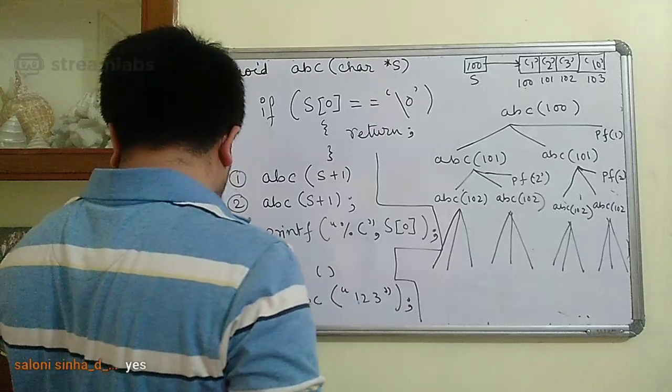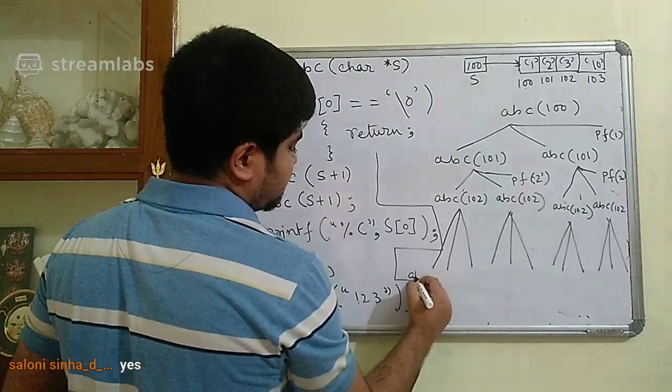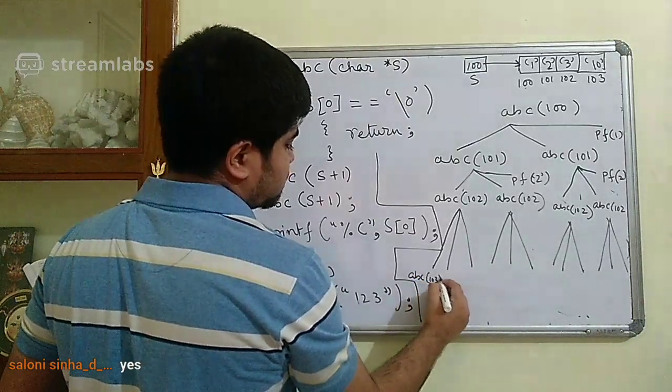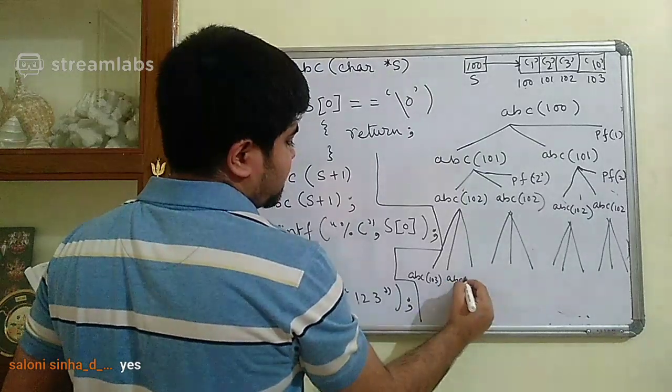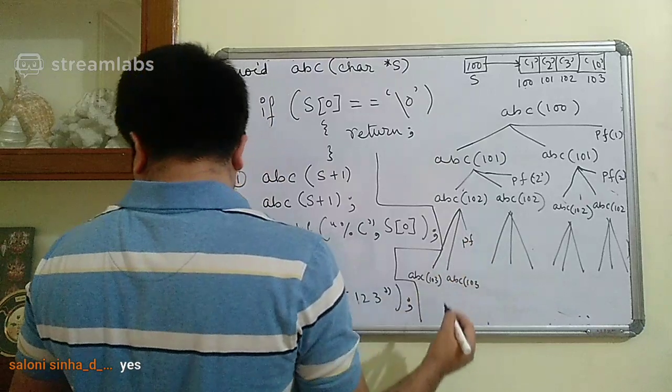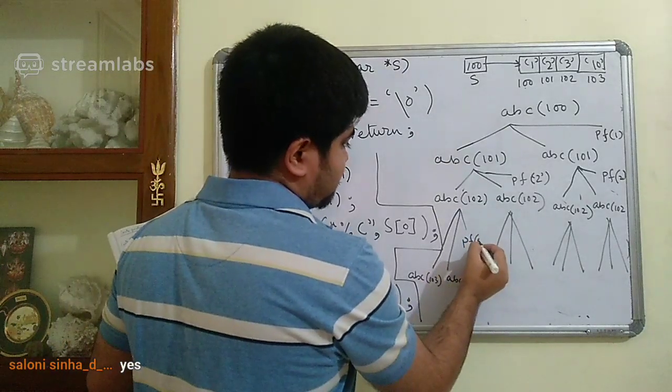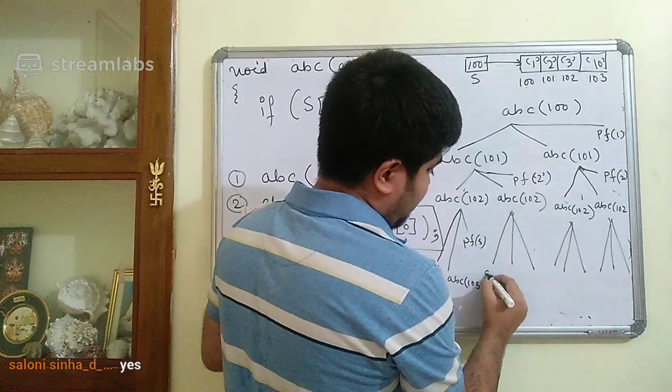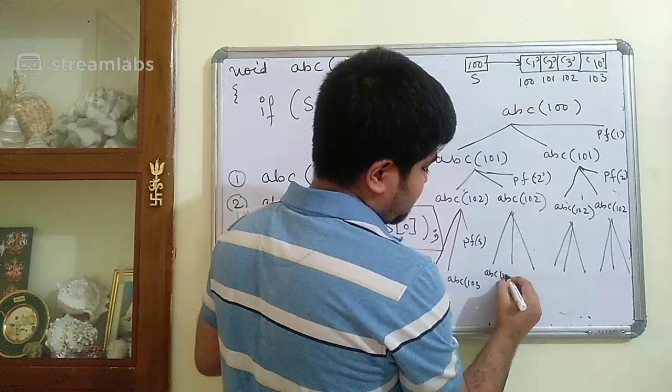ABC of 102 is calling ABC of 103. How it is done, I will tell you. ABC 103 and printf 3.